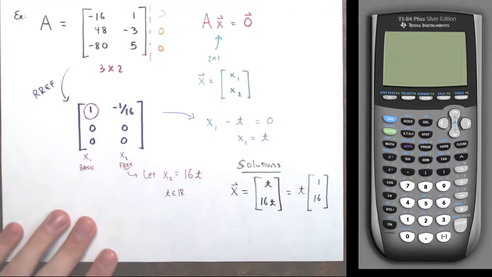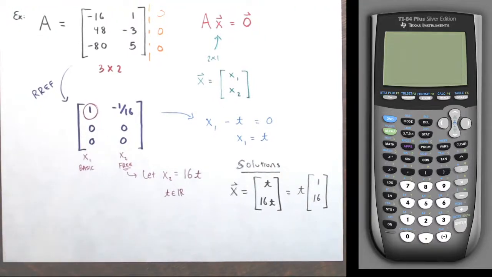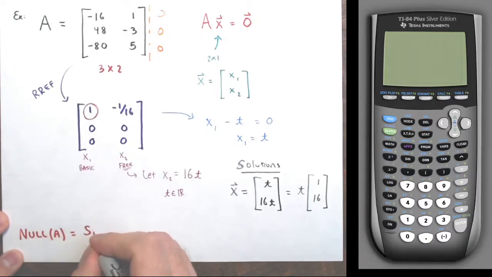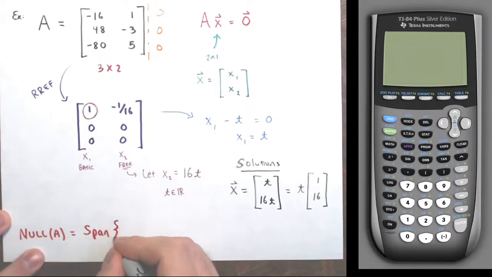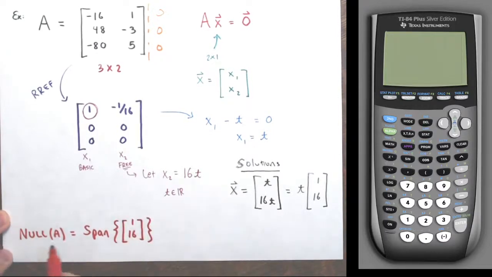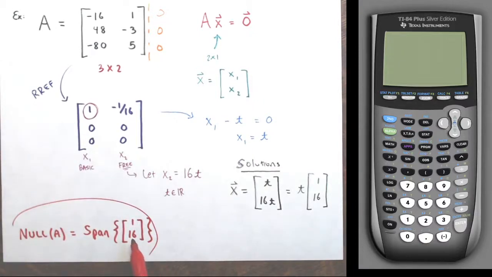Okay, so we're seeing here that the null space of A is equal to the span of just the vector (1, 16). All this is saying is that any scalar multiple of the vector (1, 16) will be a solution to this equation.